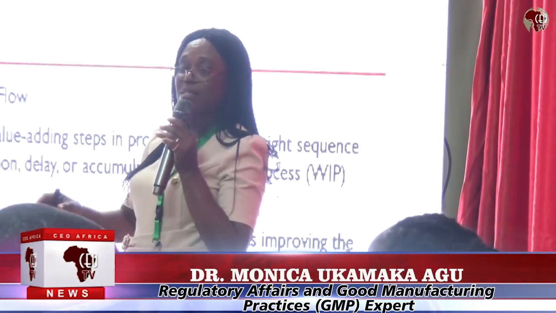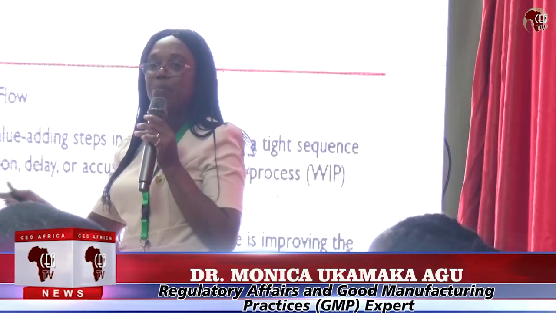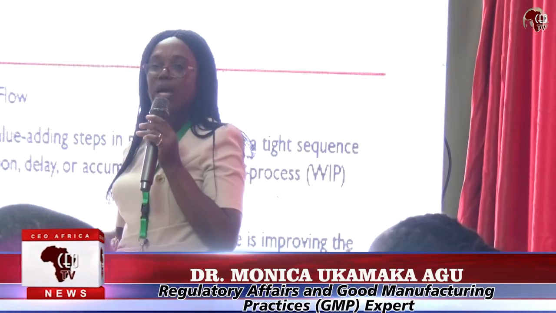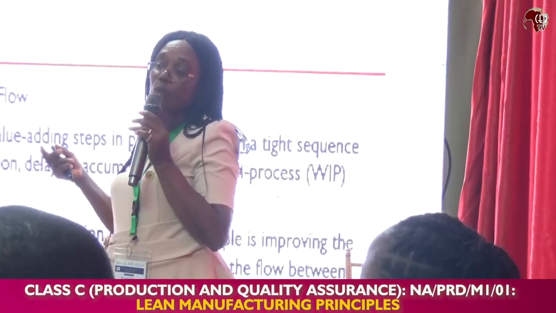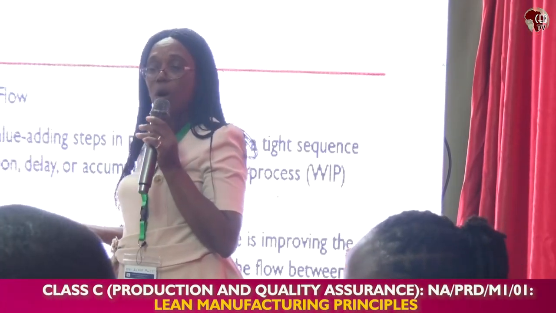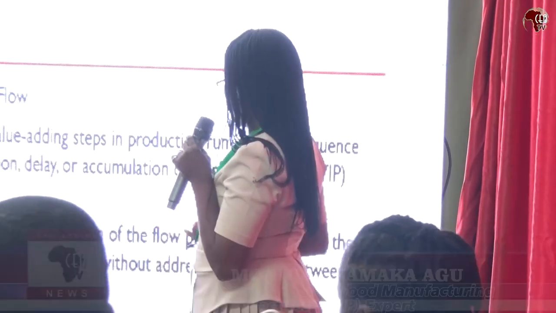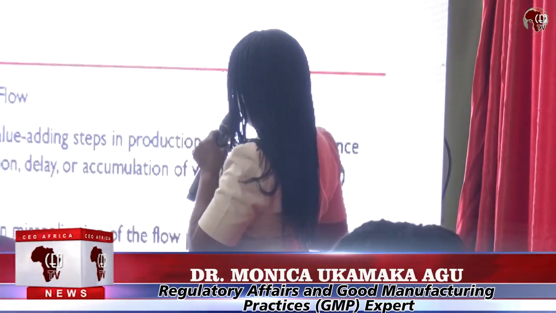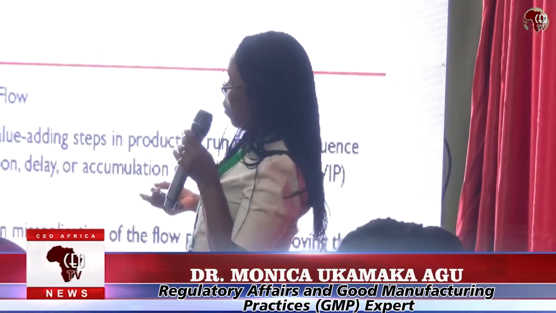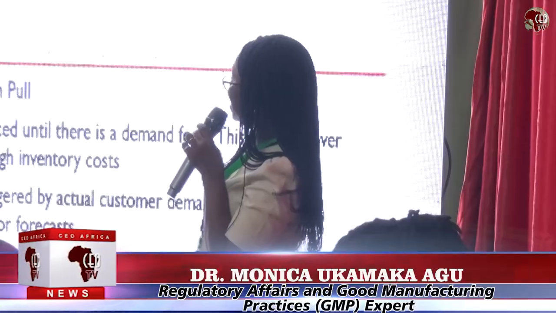If you're focusing on the process to make it very efficient, and you're not looking at how to reduce the time in between the processes, you're not getting it right. That's a mistake some companies make, and they say, oh, this is not working. So production activities should be sequential to achieve proper flow. So the first principle is establish flow.